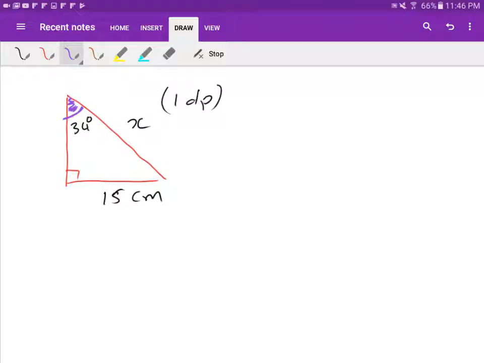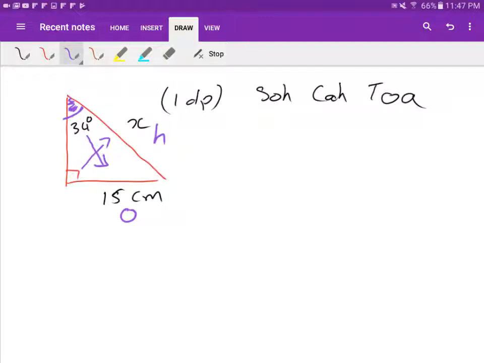Now identify each of those first. We're looking for x, but x is the longer side because it's opposite the right angle, and the longer side is always the hypotenuse, so we put h. And then this one, opposite 34 degrees, we call opposite. So we've got O, we've got H. So SOH CAH TOA, that's the 3 words.